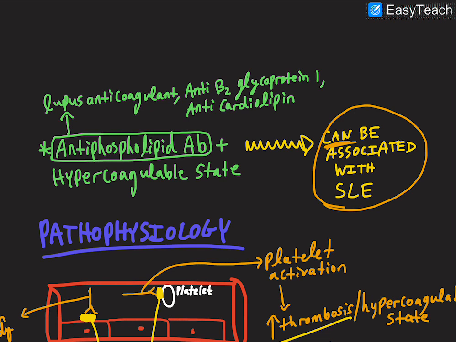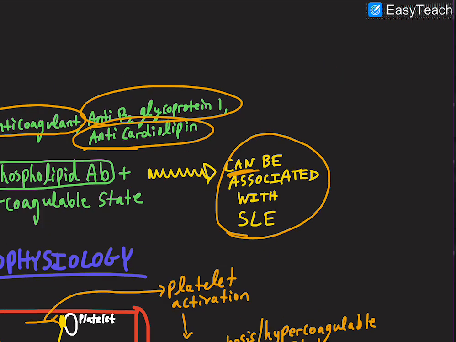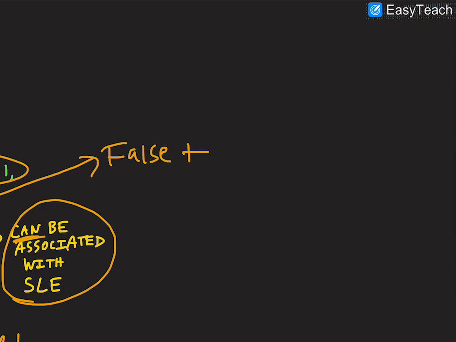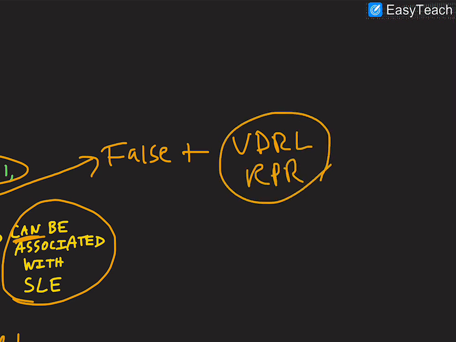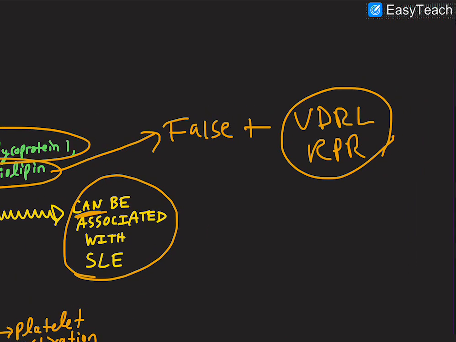So the antiphospholipid antibodies that we can see are lupus anticoagulant, anti-beta 2 glycoprotein 1, and anticardiolipin. Now, anticardiolipin is interesting because this can lead to a false positive syphilis test, like a VDRL or RPR test, because you can see anticardiolipin antibodies in a syphilis infection.